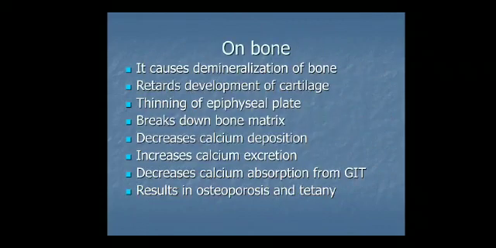One more thing is the effect on bone. What is the effect of glucocorticoids on bone? This is one of the important functions of glucocorticoid. First and foremost, it increases bone resorption by increasing the activity of osteoclasts and collagenase enzyme.